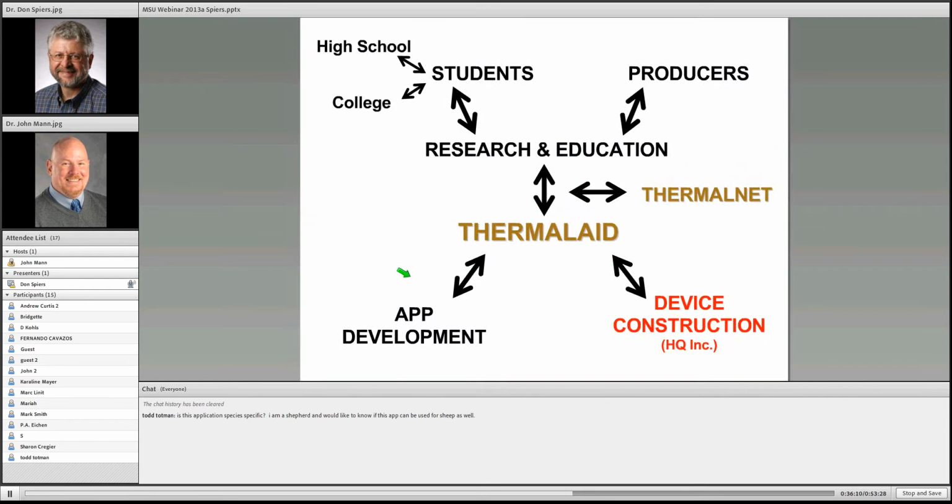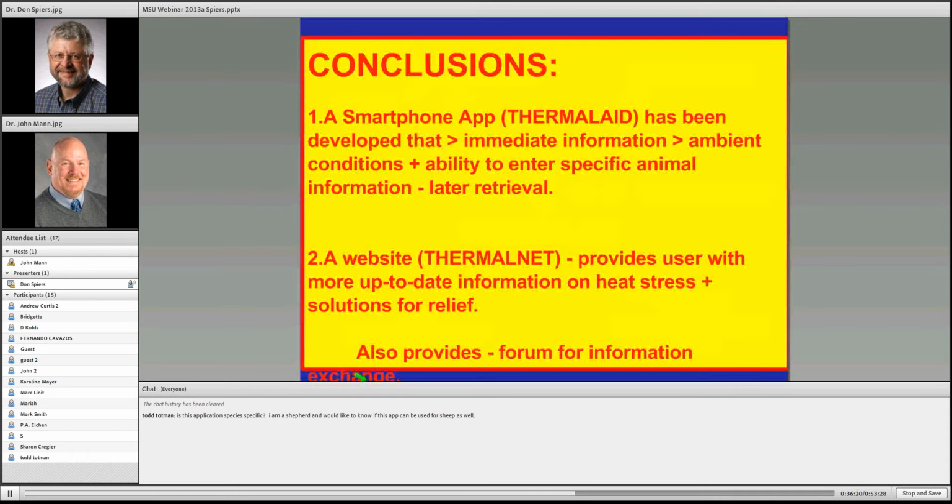So in the end, we have our conclusions, showing you once again the network that we're hoping to create here, and then showing you, with the help of sponsors and with grant support, first of all that what we're developing is a smartphone app. It's been developed.